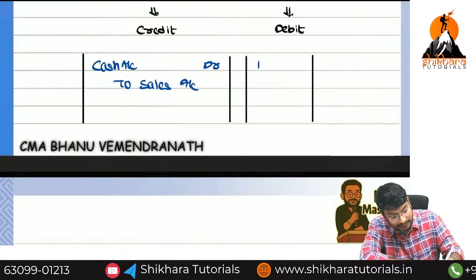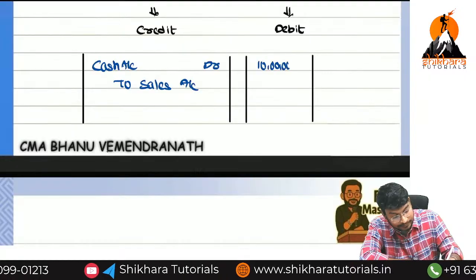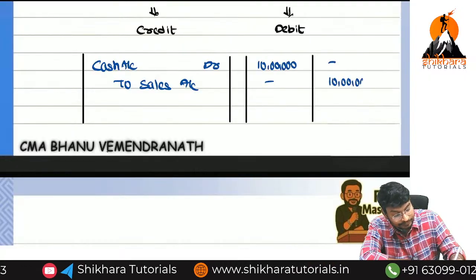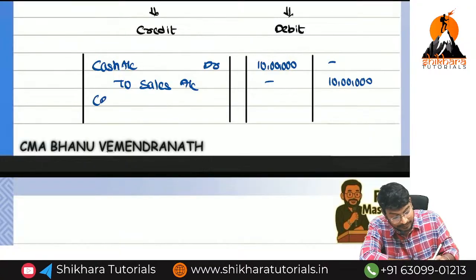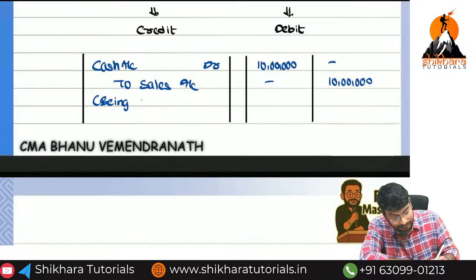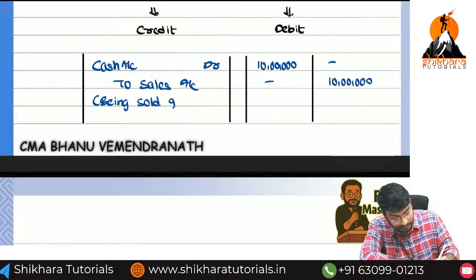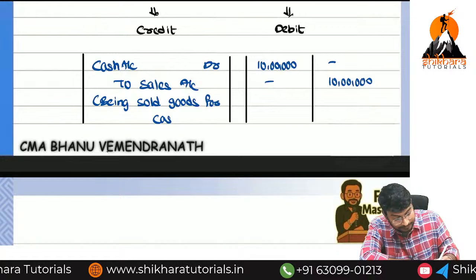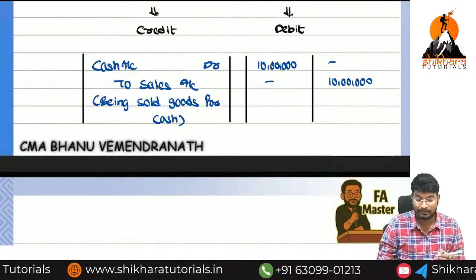How much? 10 lakhs and 10 lakhs. So what is the narration we need to write? We sold goods for cash. Okay now, please note down.